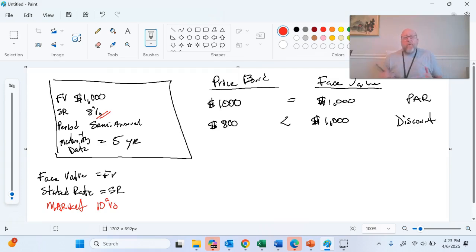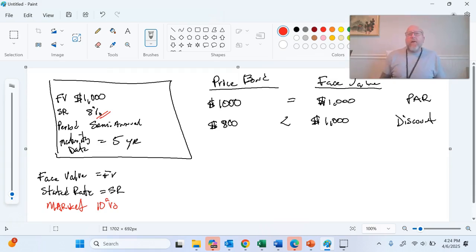So what we're saying is the market rate is like the rate everybody else is selling their bonds at, okay? So if I'm selling my bond and I'm promising to pay you 8%, and everybody else is selling their bonds and they are promising to pay 10%, those other bonds are much more attractive than mine, right? Because they're paying 10% a year in interest, and we're only paying 8% a year in interest.